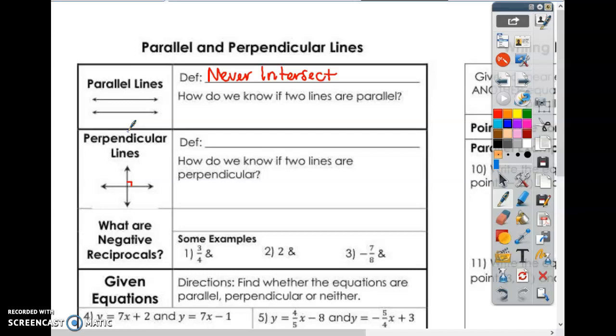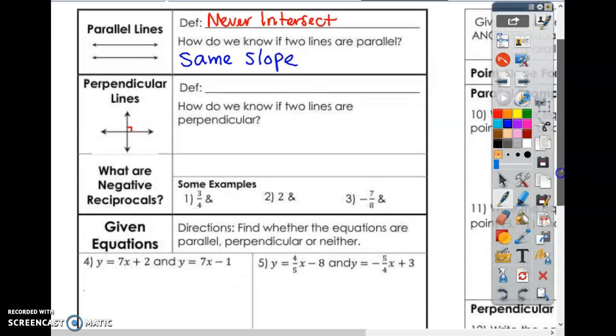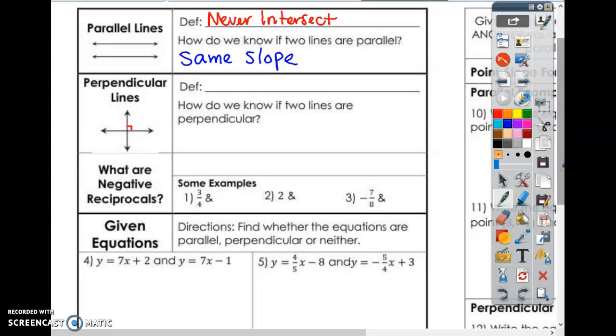Parallel lines have the same slope. Okay? So from now on, when you see two lines that have the same slope, you should know that they are parallel. For instance, problem number 4. This is the slope here. This is the slope here. So m equals 7, m equals 7.